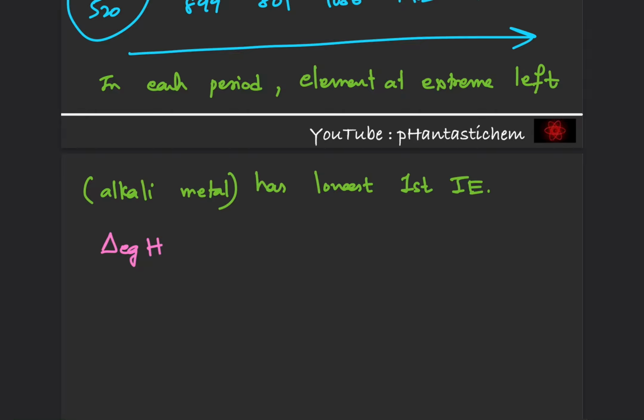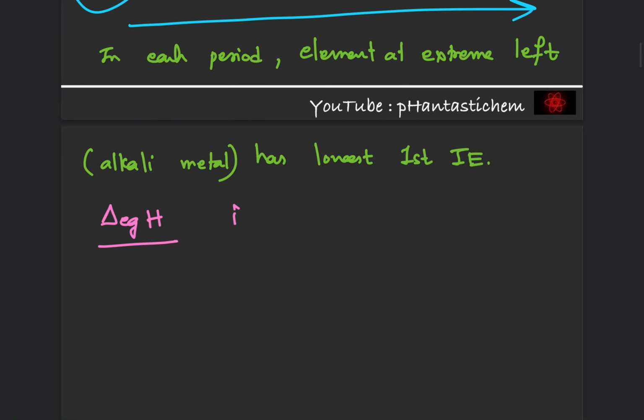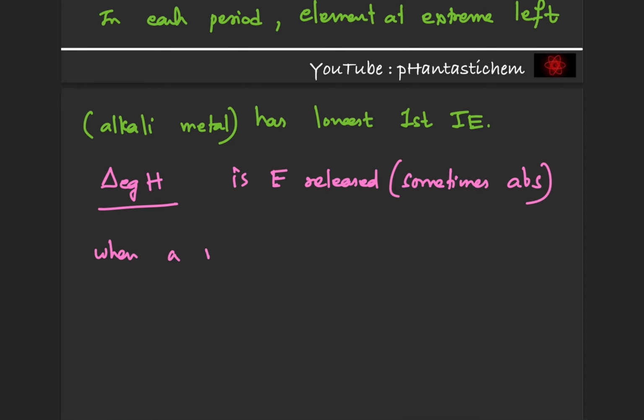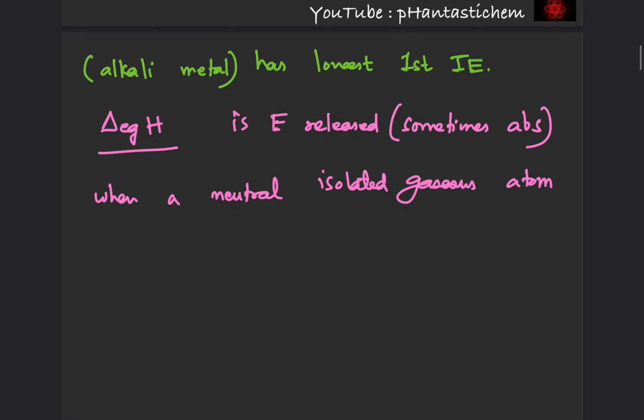Okay, so electron gain enthalpy is the energy released, sometimes absorbed, when a neutral isolated gaseous atom accepts an extra electron to form a gaseous anion.